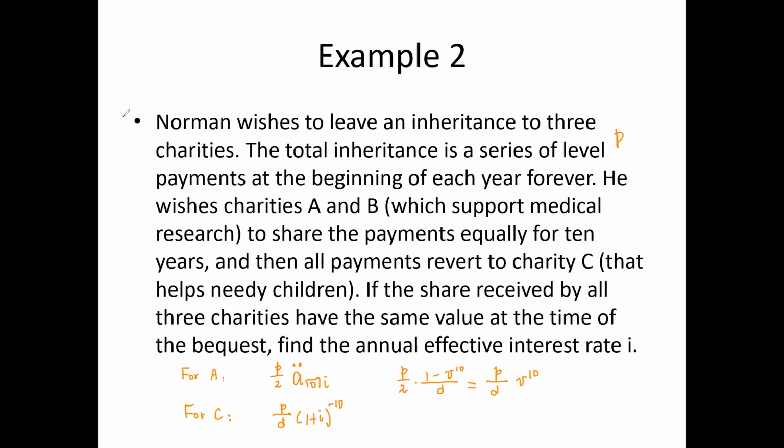We have a lot of cancellations here. P is gone, d is gone, and I have 1 minus v to the 10 equals 2 times v to the 10. So I get v to the 10 equals 1/3.